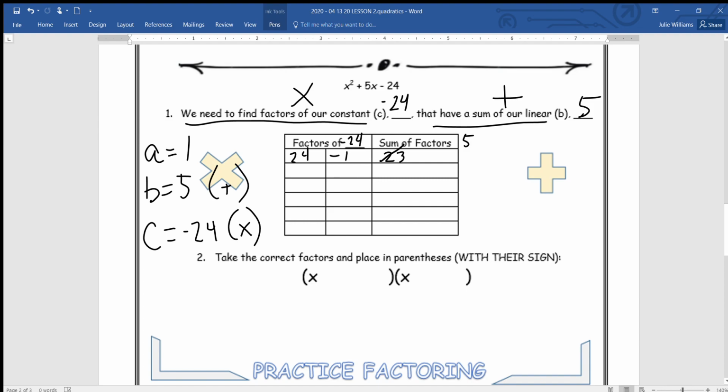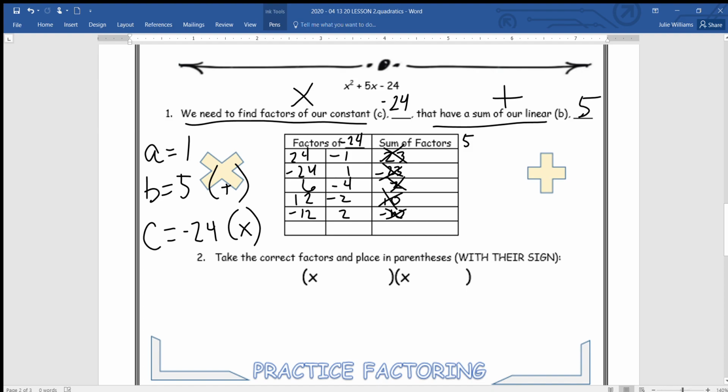That's not it. If we did the reverse, if we did -24 and 1, it's going to be -23. Doesn't work. Let's try 6 and -4. That's 2. So if I did -6 and +4, that would be -2. That wouldn't work. 12 and -2. Nope, that's 10. Vice versa would be -10. Shoot.